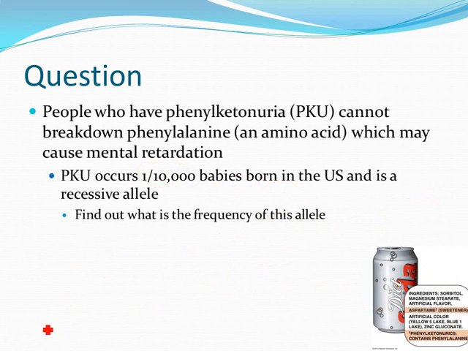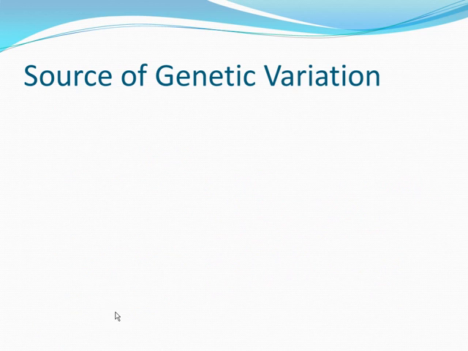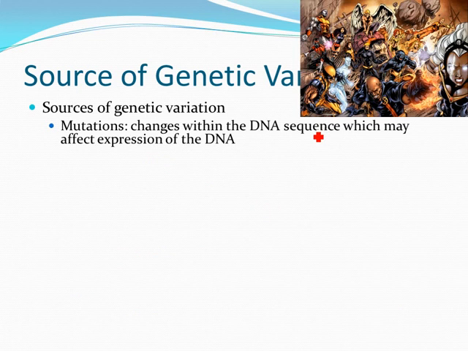Okay. There are different sources of genetic variation. One is through mutations. And mutations are actually changes within the DNA itself. So the DNA has a sequence, and you'll end up changing the sequence, some nucleotide or something like that, that will end up affecting the expression of DNA. Usually, most of this is detrimental, most of the time.